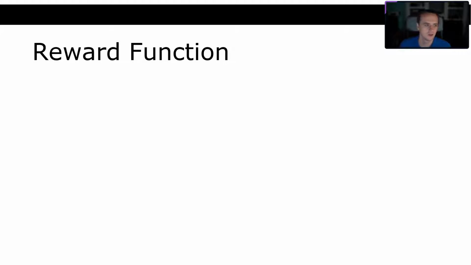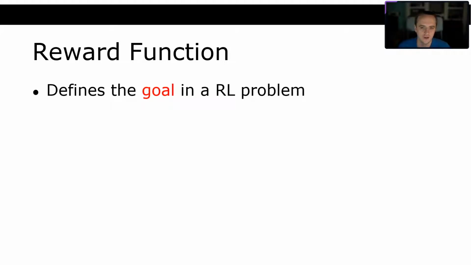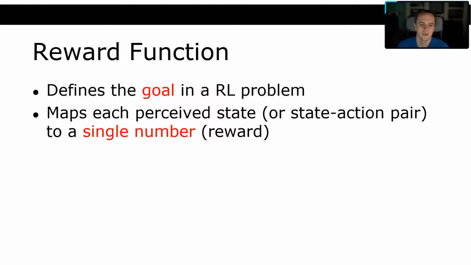Okay, so now let's talk about the reward function. The reward function defines the goal in a reinforcement learning problem, right? So whatever the goal of your problem is, has to somehow be encapsulated within the reward function. The reward function maps each perceived state, or state-action pair in some algorithms, to a single number, a reward.